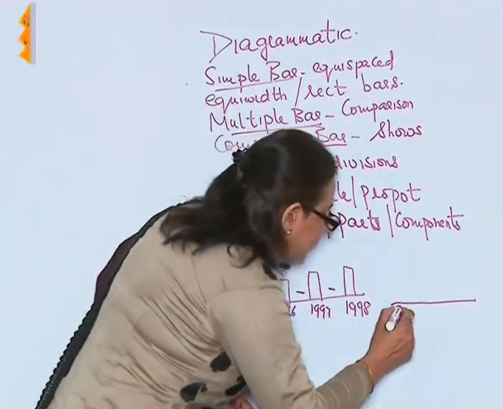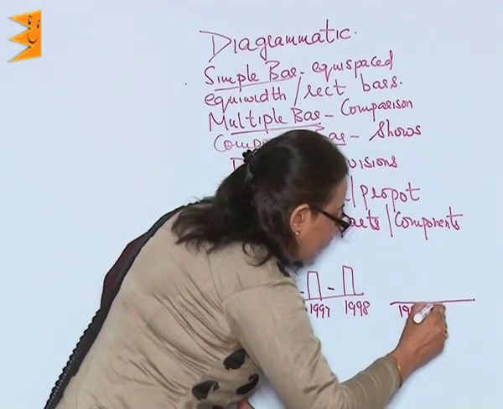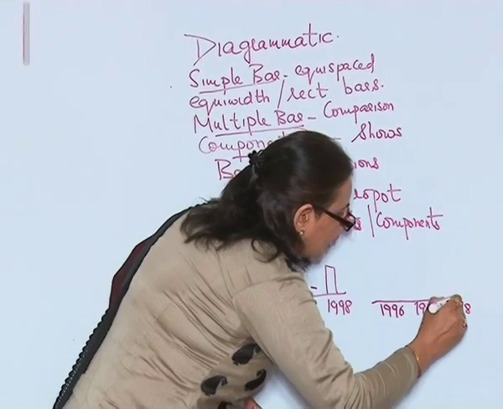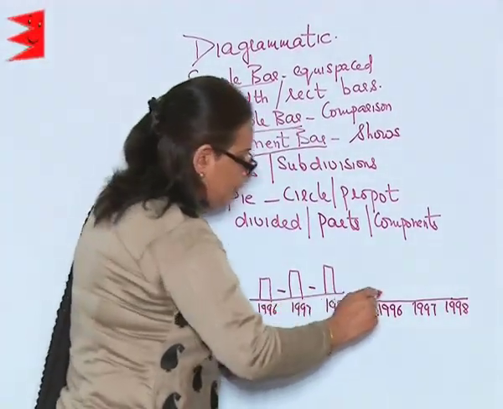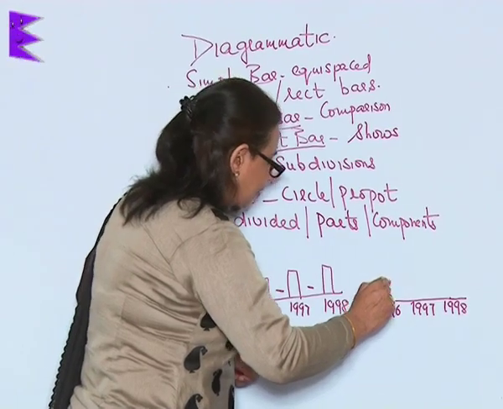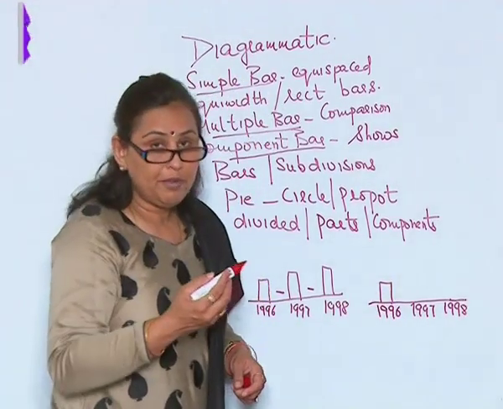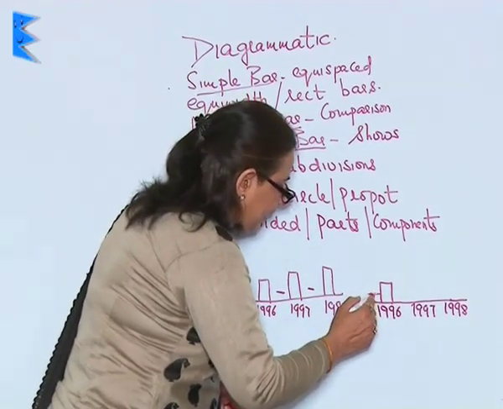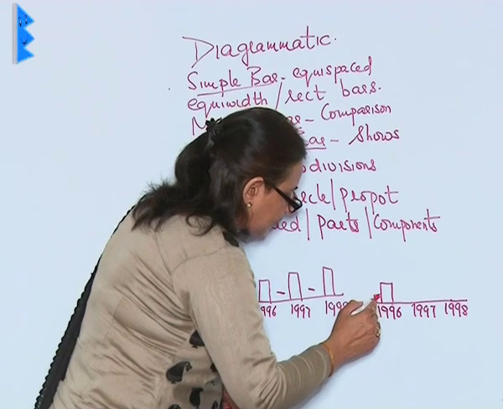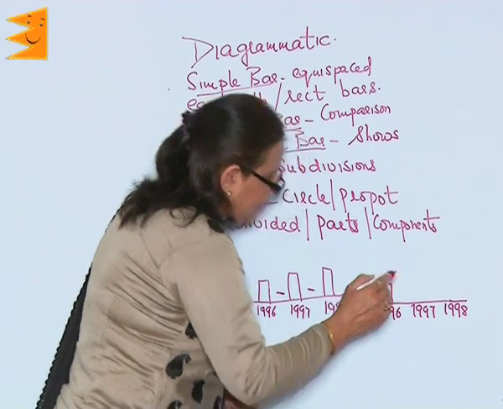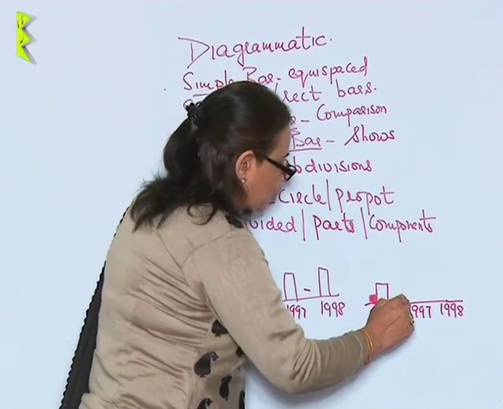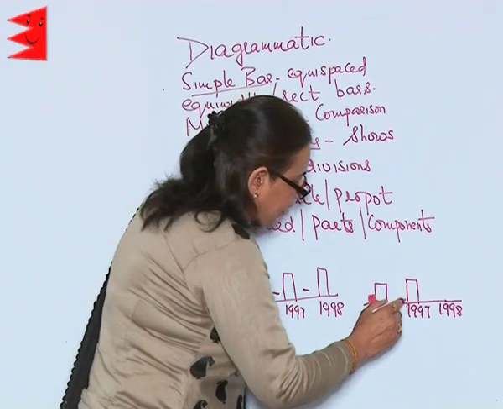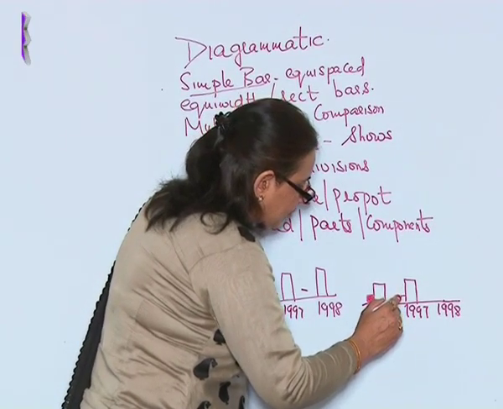So, 1996, 1997, 1998. Now, here children, the number of students who passed, as I said, were 50, but I haven't spoken about those who failed. 10 of them failed, right? In 1997, those who passed, say 70, those who failed is just 10 of them.